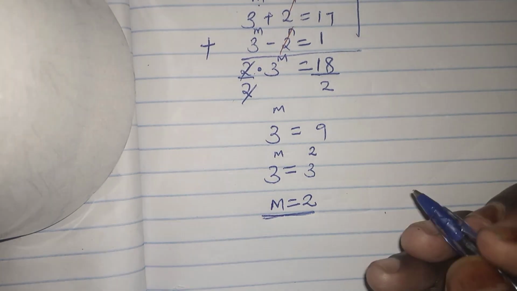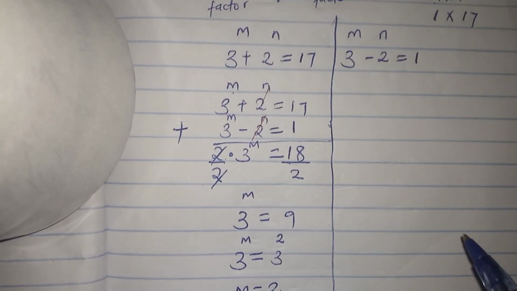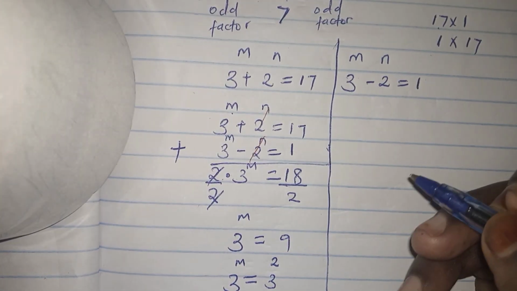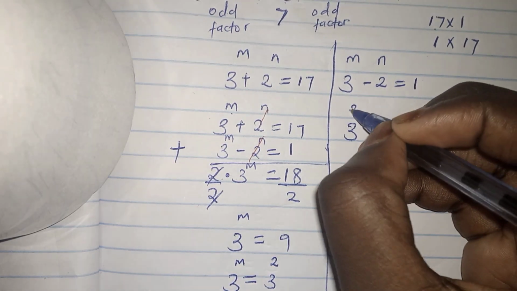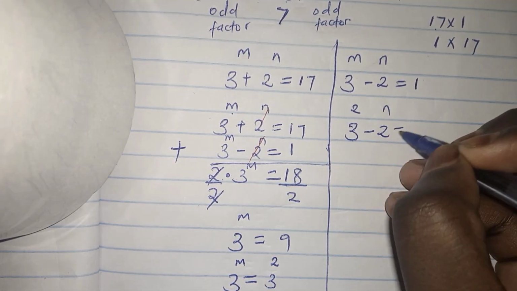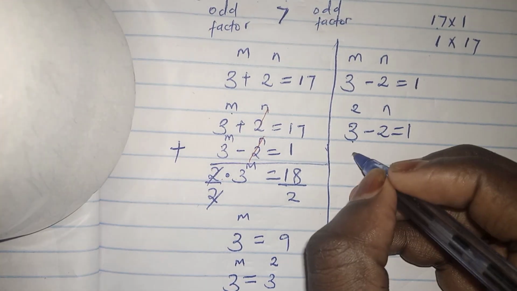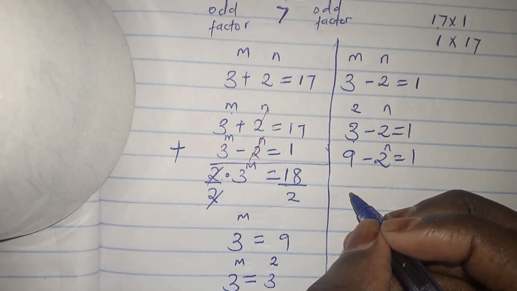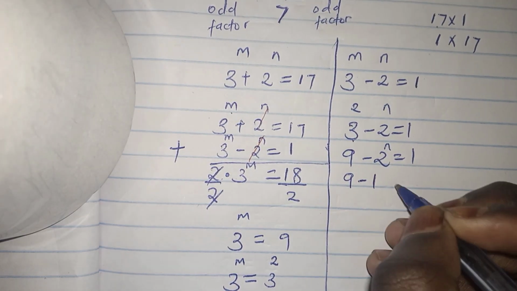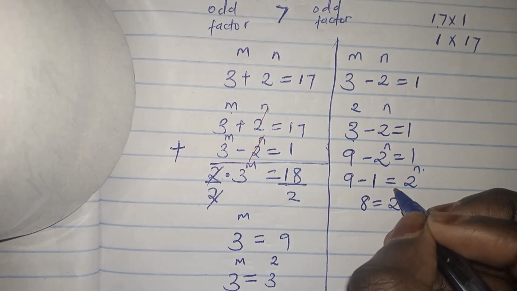We can now find the value of n. So let us come on this side and substitute in this equation here to get the value of n. m is equals to 2. So 3 to the power of 2 minus 2 to the power of n is equals to 1. 3 to the power of 2, or 3 squared, is 9, minus 2 to the power of n is equals to 1. 9 subtract 1 is equals to 2 to the power of n. 8 is equals to 2 to the power of n.